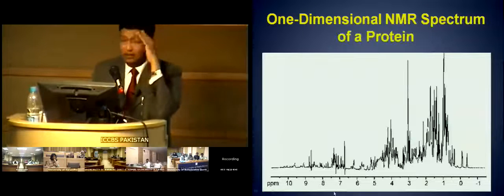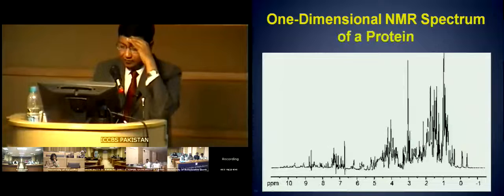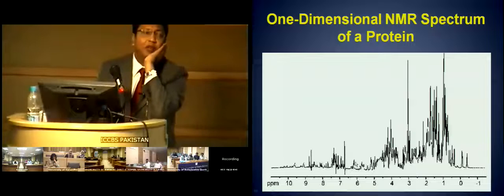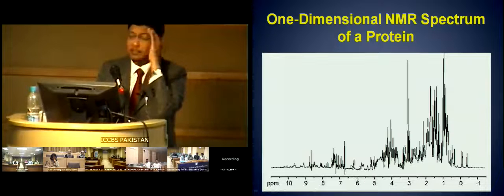कौन से? Phenylalanine and tyrosine. Okay. This particular region, and which are the amino acids which have olefin, a carbon-carbon double bond? Histidine.